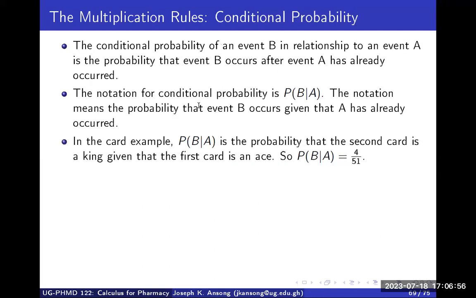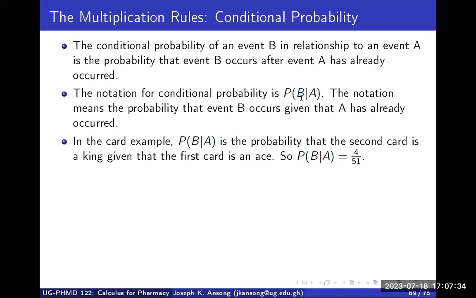Okay, so the conditional probability of an event B in relationship to an event A is the probability that event B occurs after event A has already occurred. The notation for conditional probability is "given that." So that is the probability of B occurring, given that A has already occurred. You are finding the probability of B, but event A has already happened. So that is a conditional probability.